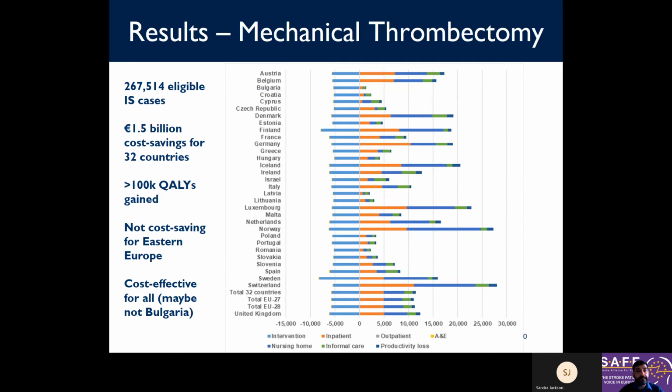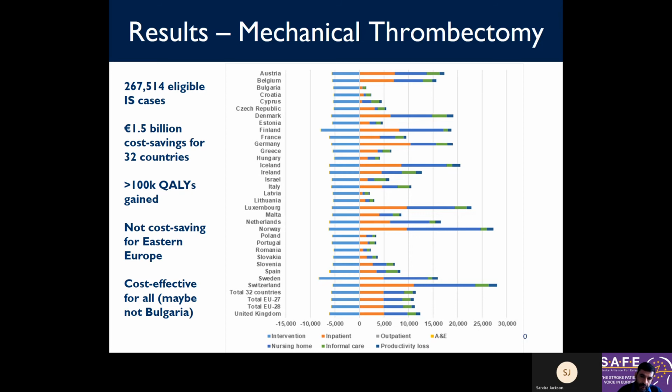Then, looking at mechanical thrombectomy and the acute treatment of stroke, we found that nearly 300,000 eligible ischemic stroke cases would be eligible for mechanical thrombectomy across Europe.